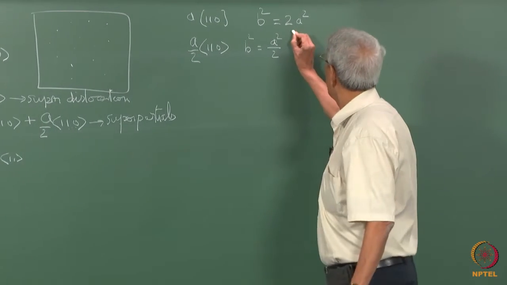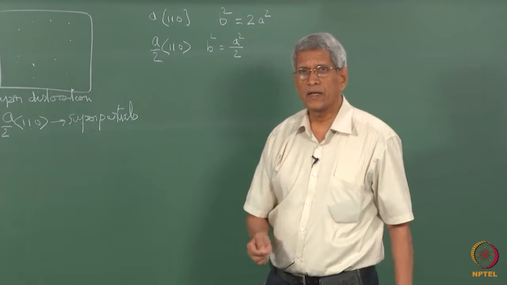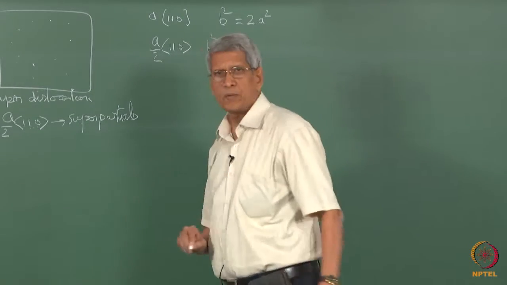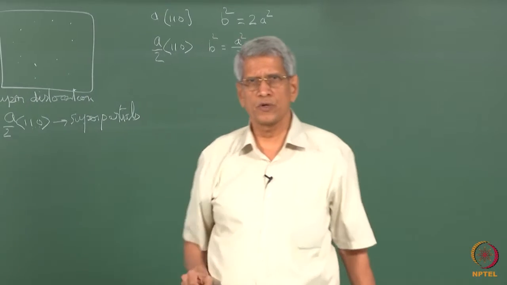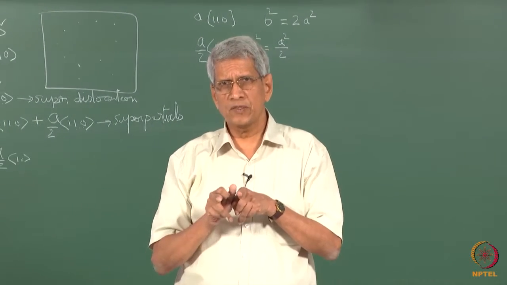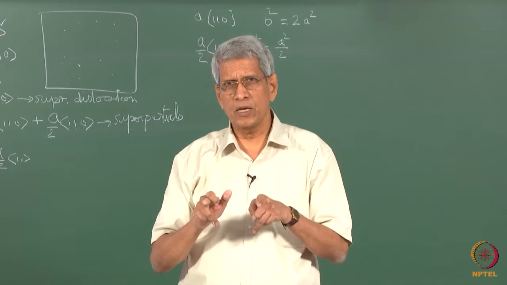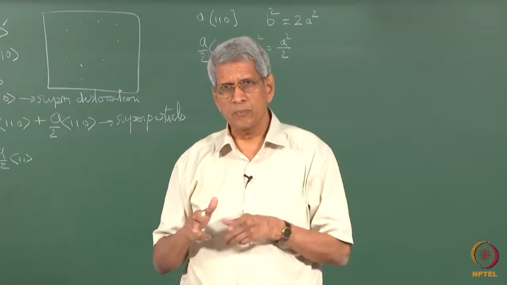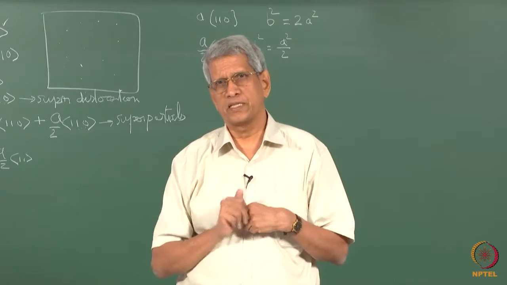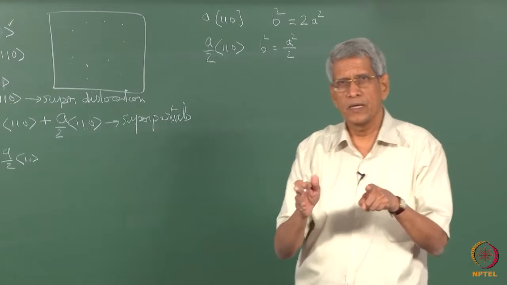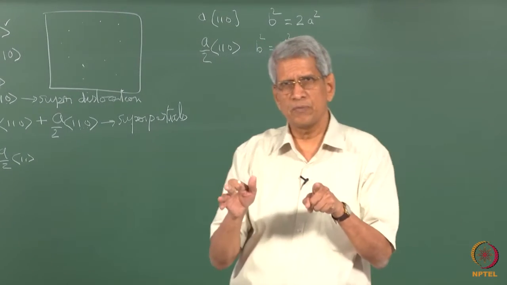Here, when this separation takes place, these two dislocations have the same Burgers vector, a/2 [110] type. Since the Burgers vector remains the same and they are in the same slip plane, as we have discussed earlier, these dislocations will repel each other. When they repel each other and start moving, an antiphase boundary is created.